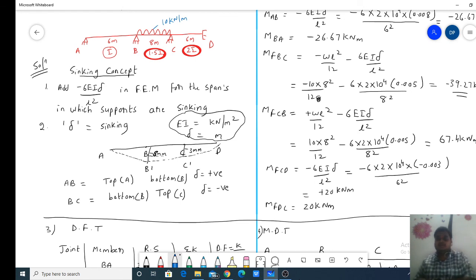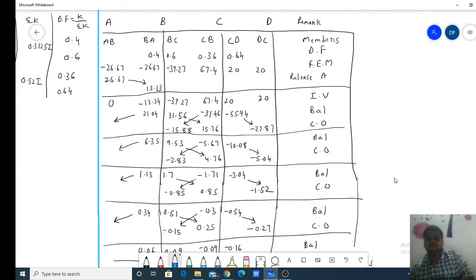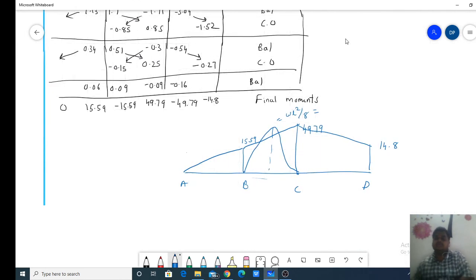So WL square upon 8, this you need to do now. So this WL square by 8, so this is nothing but 10, L is 8 square upon 8, so this cancels, so this is 80. Now whatever this value is there, so this comes out to be 80, right? So negative, negative, negative, and negative, right? So this is the final bending moment diagram for the given problem, right?